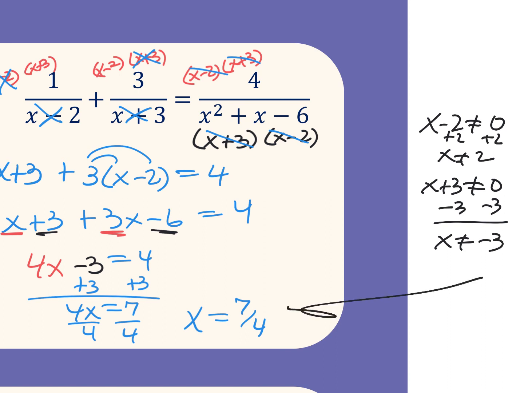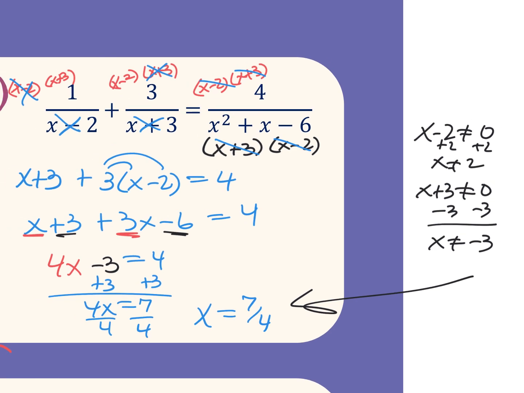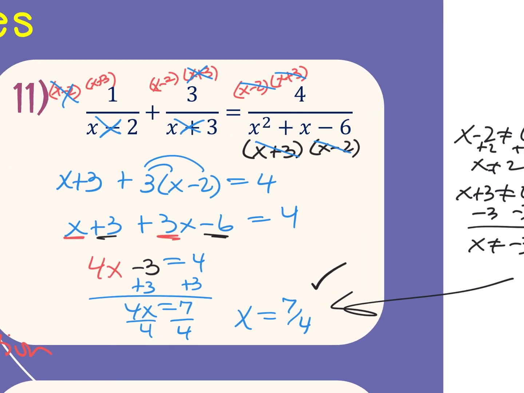Well, the answer I got was 7 over 4. So that's not going to make anything 0. So this is a good answer. Or, again, plug it in up here. And again, 7 over 4 minus 2 doesn't give me a 0, and 7 over 4 plus 3 doesn't give me 0. So this is a good answer.